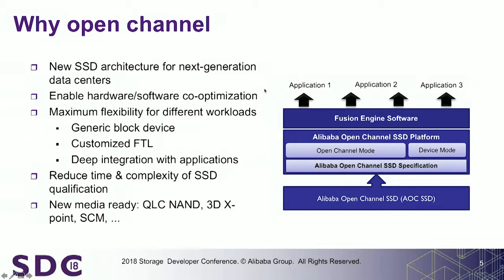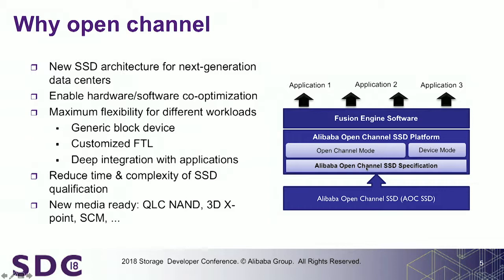With this architecture, we believe that first of all, we enable hardware and software co-optimization. With the hardware and the firmware provided by vendors, and on top of it, we have our open channel drivers, fully controlled by Alibaba Group, and we have our storage engine, and we have the internal business units.